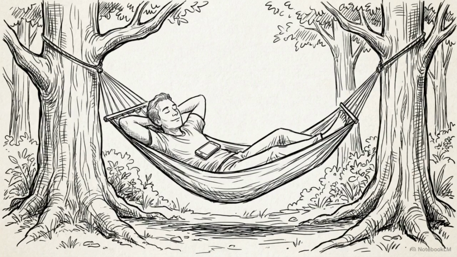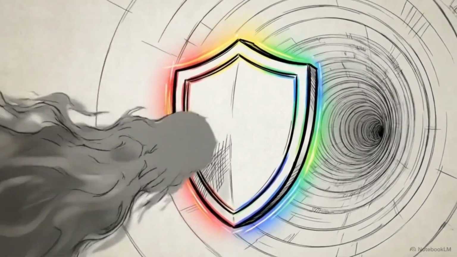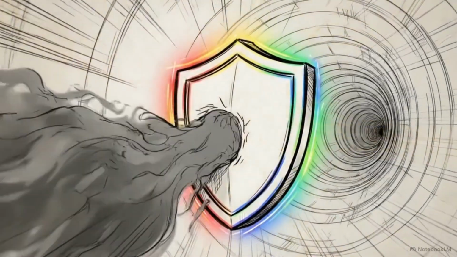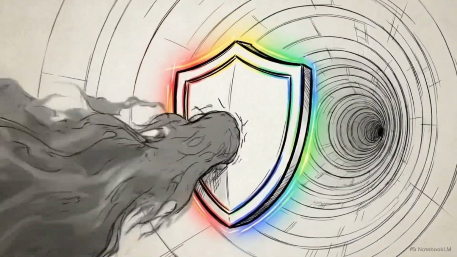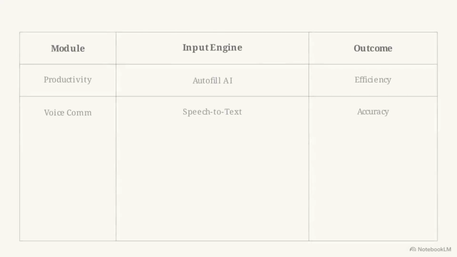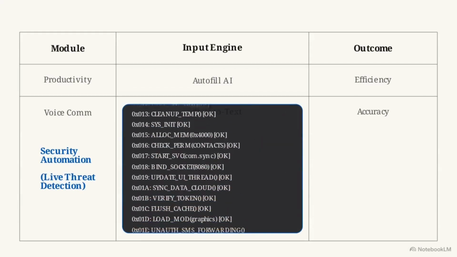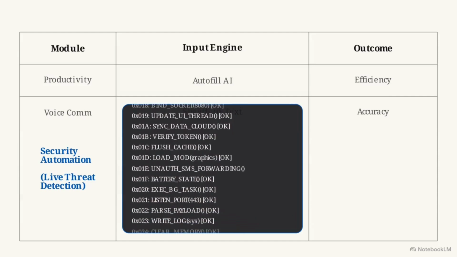Below the user interface, Gemini monitors the microscopic background processes. If a threat emerges, a barrier snaps shut. This is the third evaluation vector, security automation via live threat detection. The final table row shows the input. The AI continuously scans background application behavior in real time. The outcome?